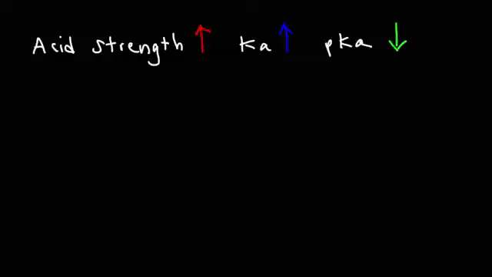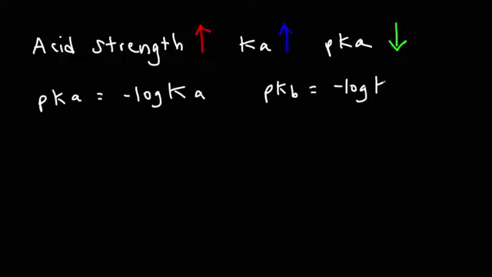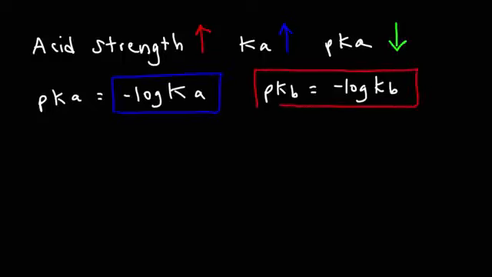So the stronger acid is going to have the lower pKa value. pKa is equal to negative log of Ka, and pKb is equal to negative log Kb. So you want to add these formulas to your notes if you haven't done so already. The pKa plus the pKb add up to 14 at 25 degrees Celsius.